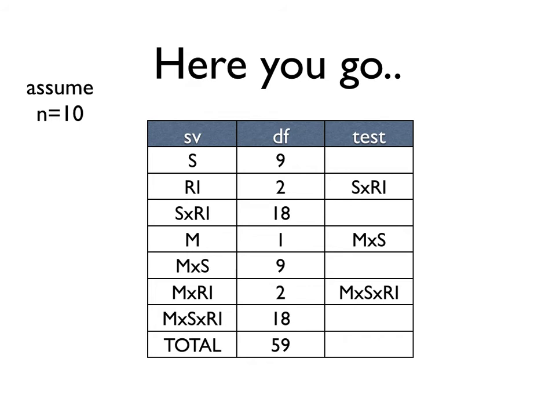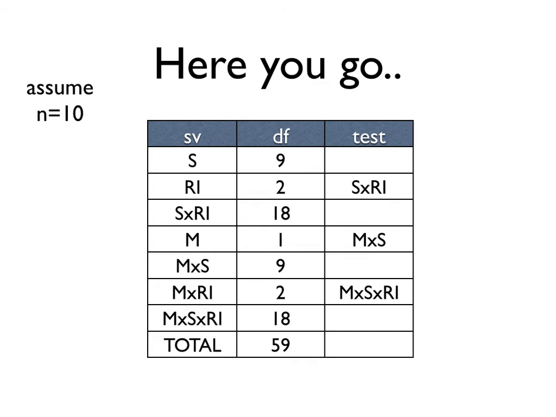I'm assuming we have 10 people in that experiment. I'm listing this in a specific order. You list the subjects first, and then you list any repeated factors next. Subjects: 10 people, so 9 degrees of freedom. Retention interval, we had 3 levels, so 2 degrees of freedom. Subjects by retention interval: 18, obviously.